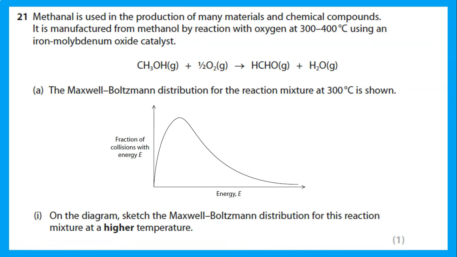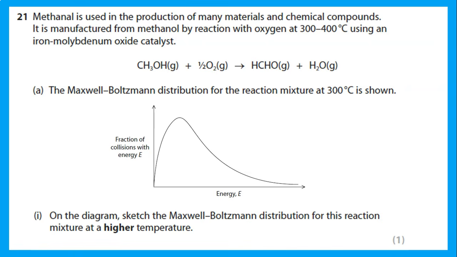Methanol is used in the production of many materials and chemical compounds. It is manufactured from methanol by reaction with oxygen at a high temperature using iron molybdenum oxide catalyst. The Maxwell-Boltzmann distribution for the reaction is shown. On the diagram, sketch the Maxwell-Boltzmann distribution for this reaction mixture at a higher temperature.